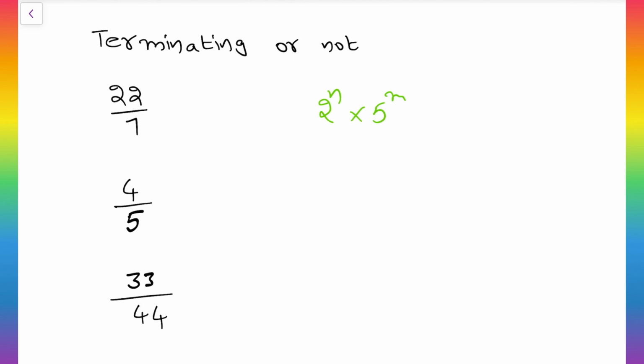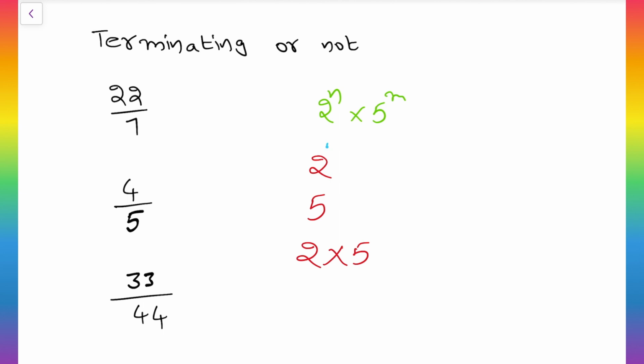So what exactly does this 2 power n into 5 power m mean? In the denominator, after doing the prime factorization of the denominator, the number should be only 2, or else only 5, or else 2 and 5. If the denominator is in this form, then we can say that it has a terminating decimal, whatever the power may be.